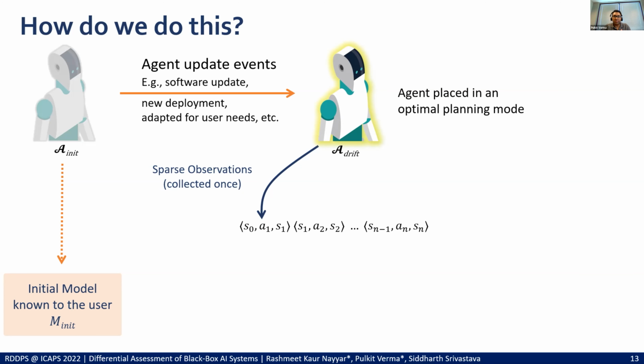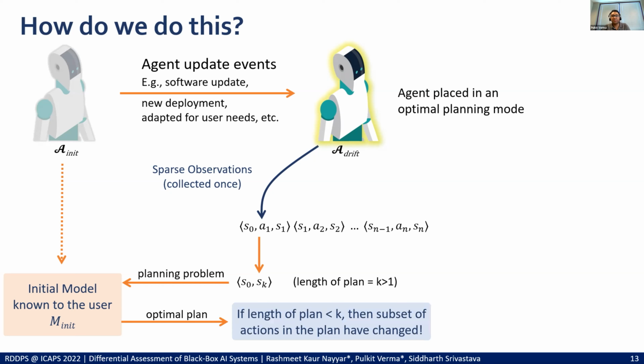So we collect these observation tuples from the agent and convert them to planning problems. And we can use this for any set of states that are part of the same execution trace and are more than one action apart. And if you remember, we also had access to this known model of the agent from the past. So we solve this planning problem using this old model to generate an optimal plan.